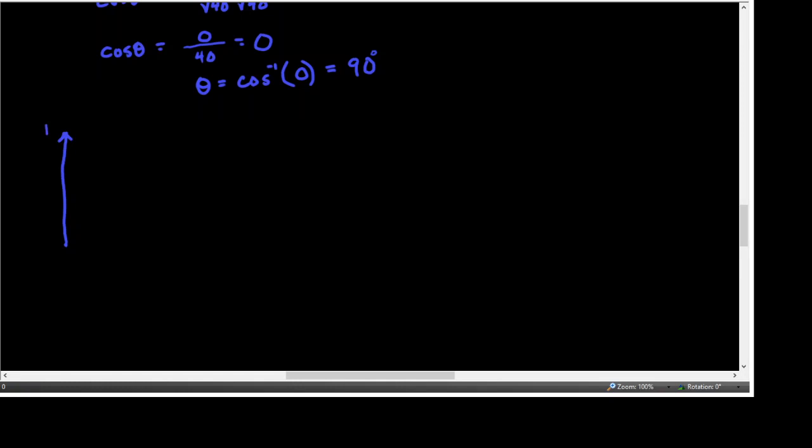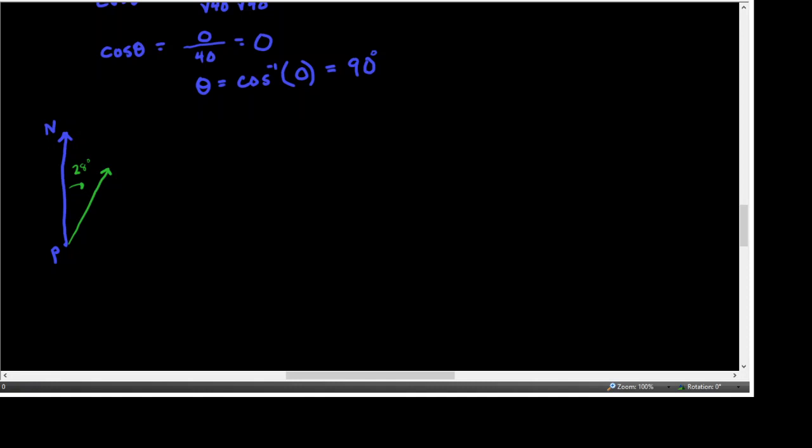So if this is due north, and this is the port, I'll represent that with the letter P, and travels with a bearing of 28 degrees. Remember, when the bearing is a single number like that, it means clockwise from due north. So I'm going to draw a 28-degree angle clockwise from north.